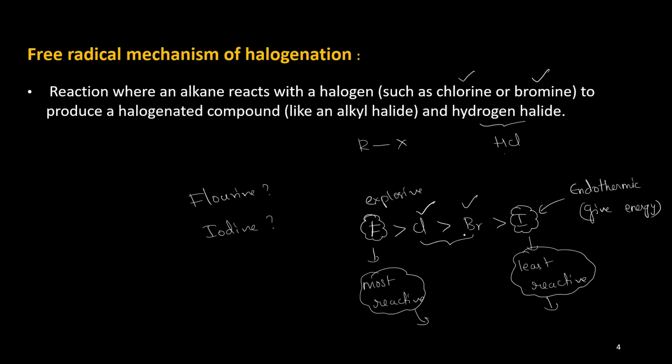We will use chlorine and bromine for preparing alkyl halides. Is that clear? Please tell me yes if everyone understood why we are not using fluorine or iodine for preparing alkyl halides by the free radical mechanism. Yes. Please, guys, respond.